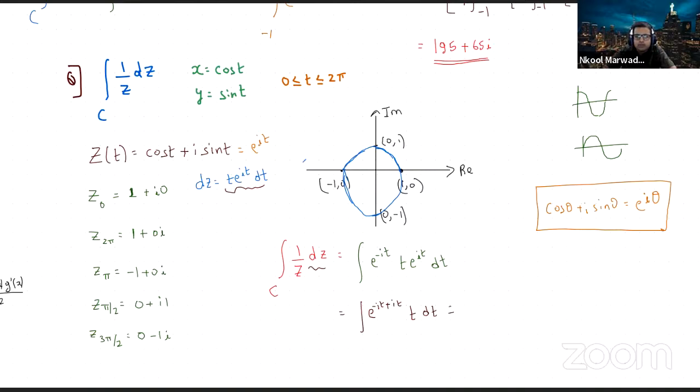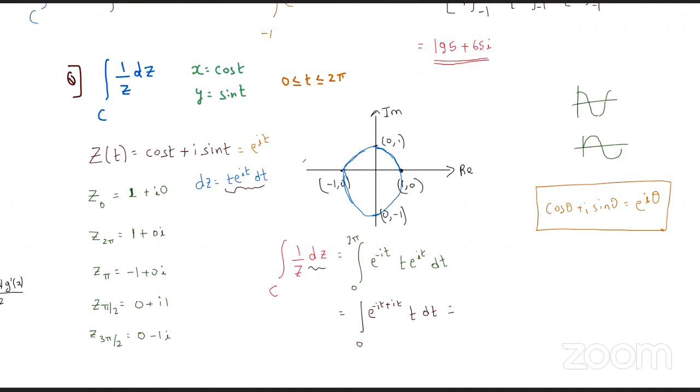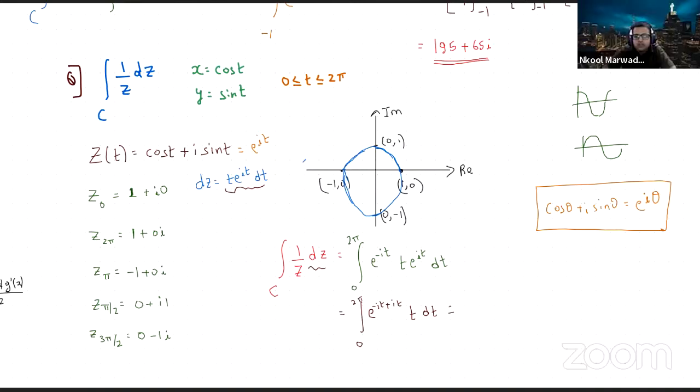And also we have to put the limits, sorry I forgot that. The limit is 0 to 2 pi, whatever limit is given. It will be just t dt.